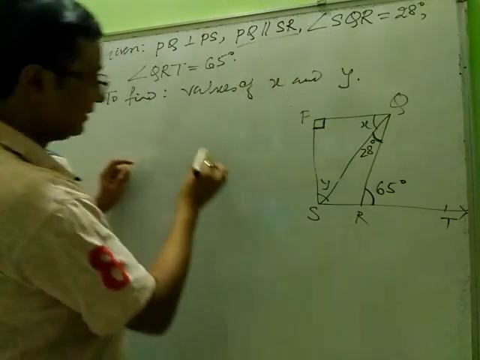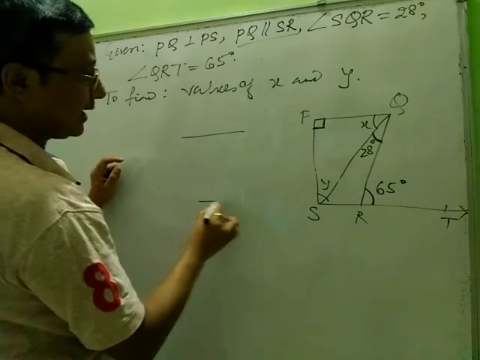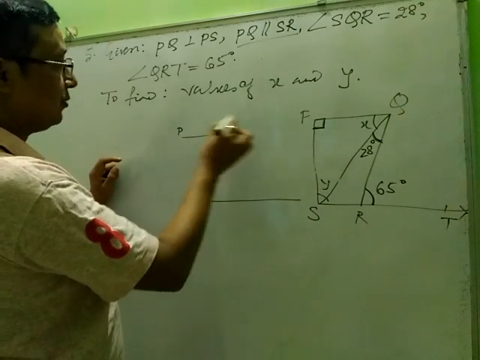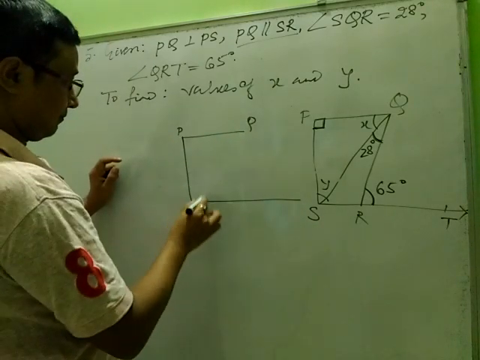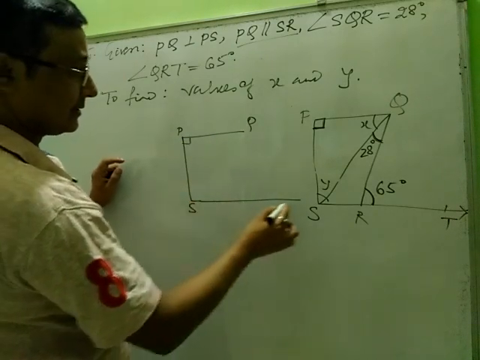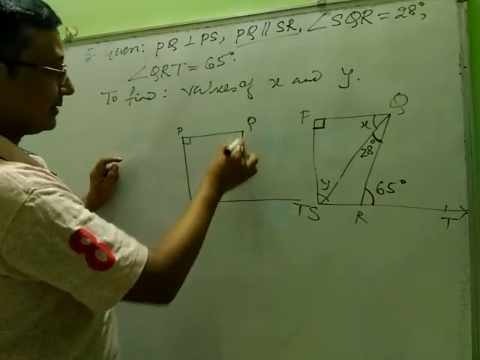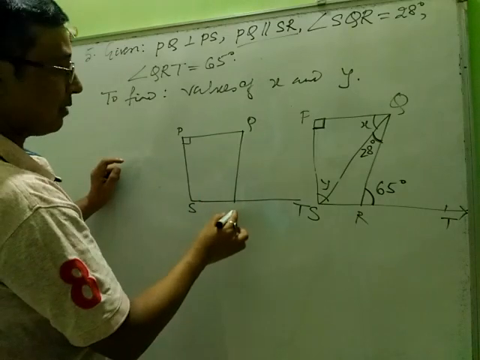So, this is the line PQ and this is ST and this line is QR.